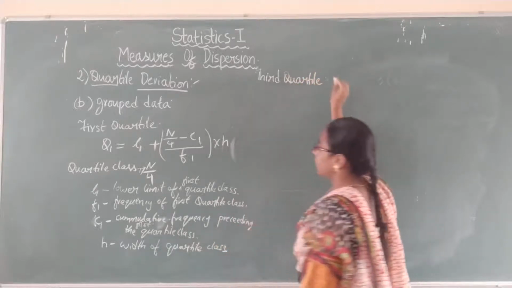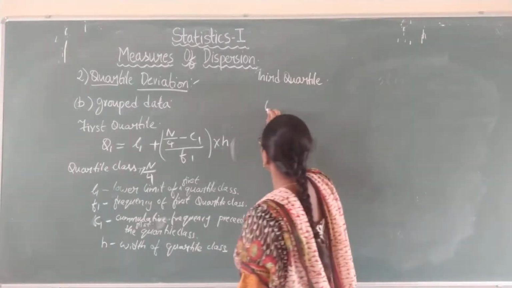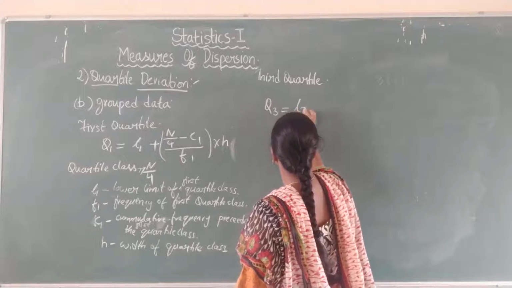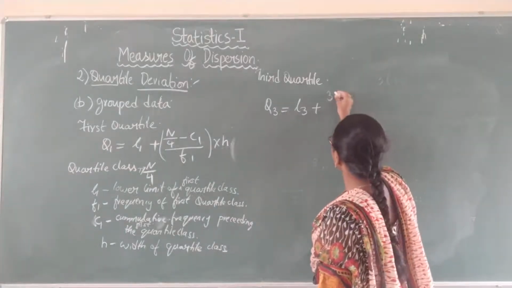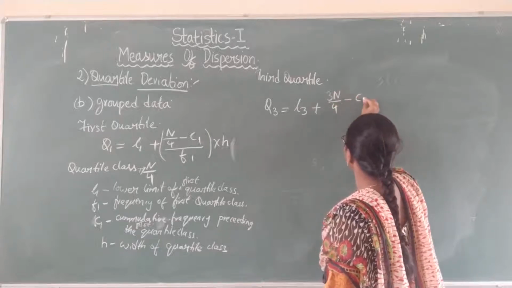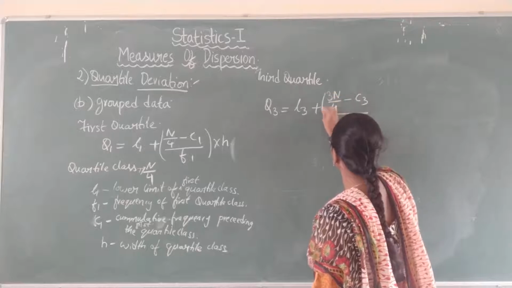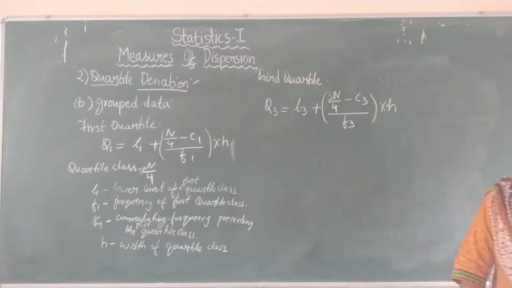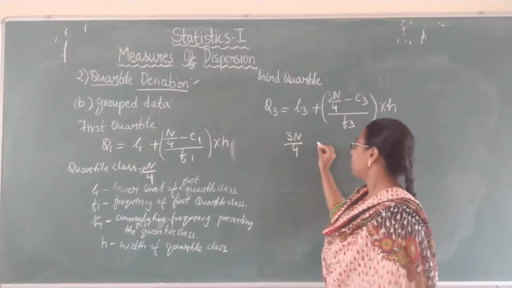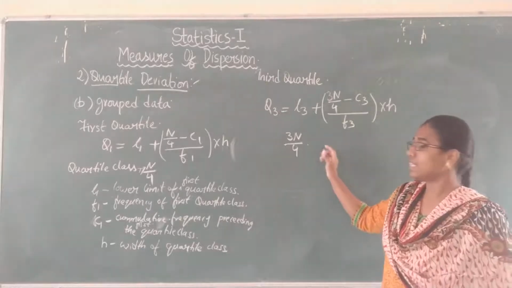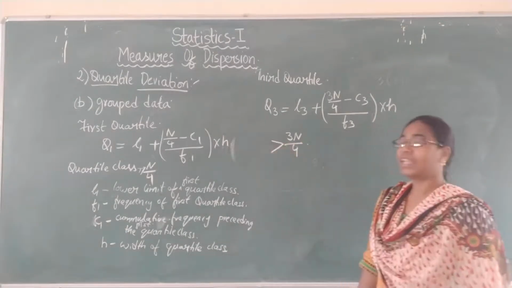The third quartile is denoted with Q3, right? So Q3 equals L3 plus, and here, instead of N by 4, we will consider 3N by 4.